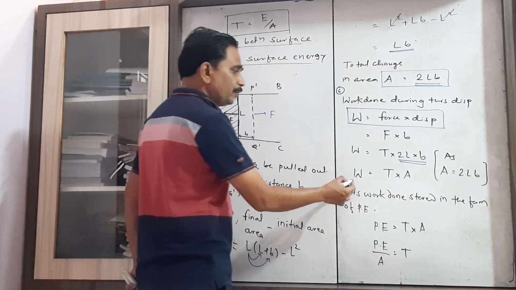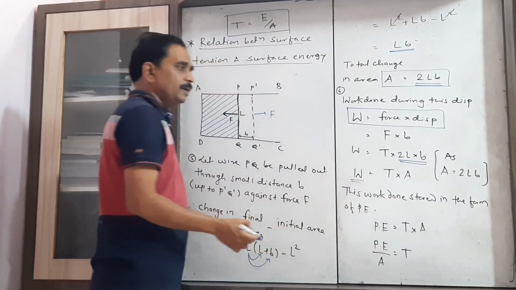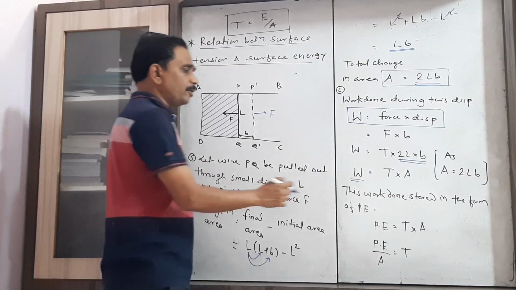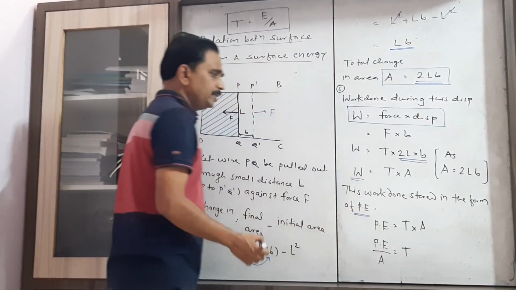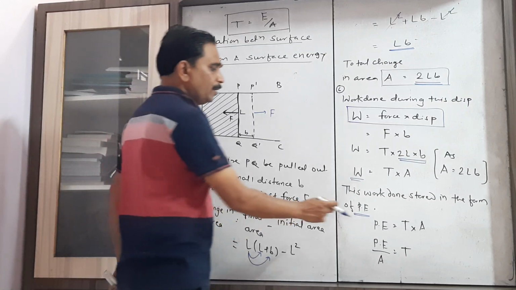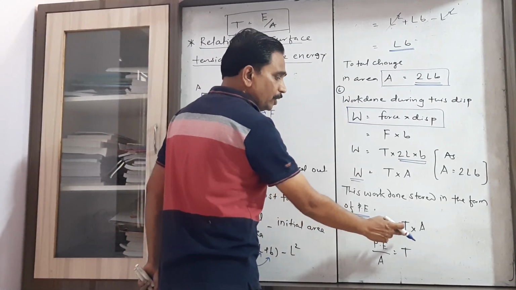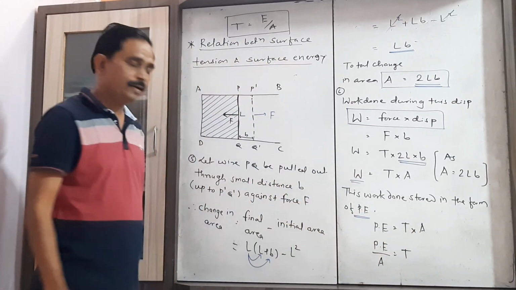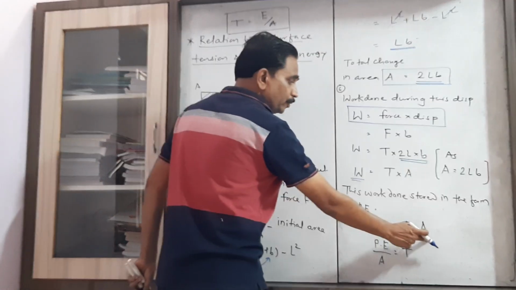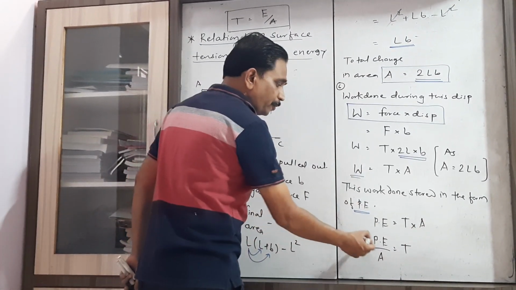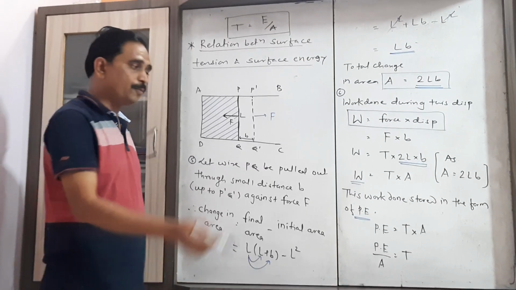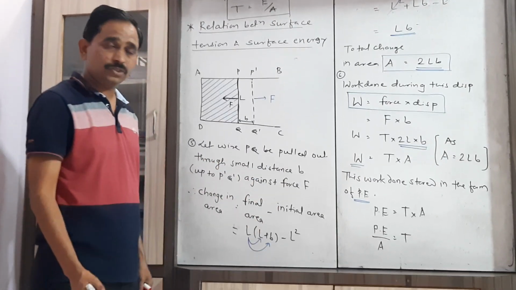Now this work done is stored in the surface film in the form of potential energy. So we can write here potential energy equal to surface tension into area. Now if I divide both sides by area, I get potential energy upon area equal to surface tension.